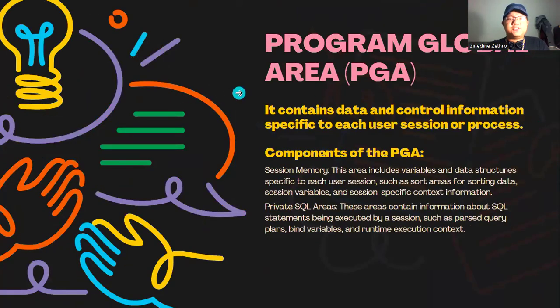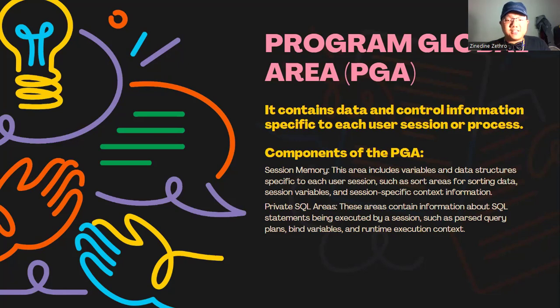Next is the PGA, or Program Global Area. Its main duty is different from the SGA, in that the PGA contains data and control information specific to each user session or process. It is divided mainly into two components.